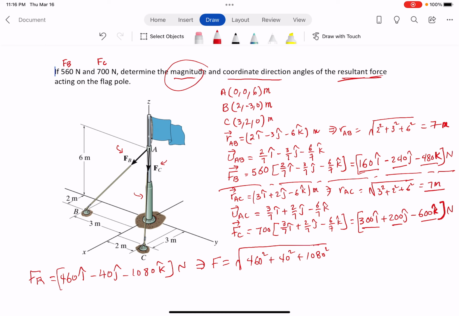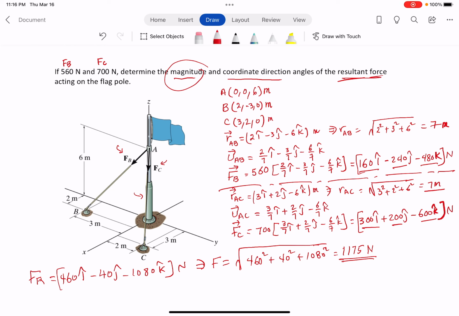You don't have to worry about the minuses, because when you square it, it is a plus. So this would give you 1175 Newton. This is the resultant force magnitude.